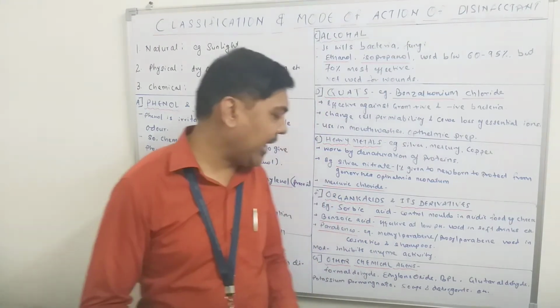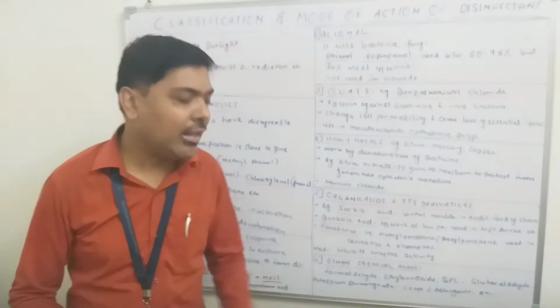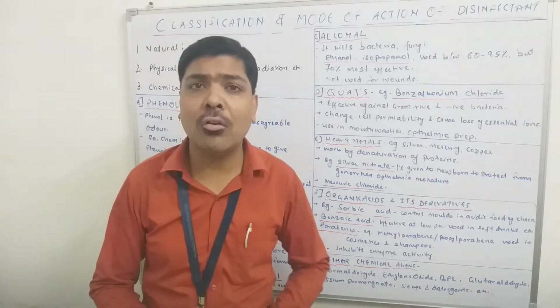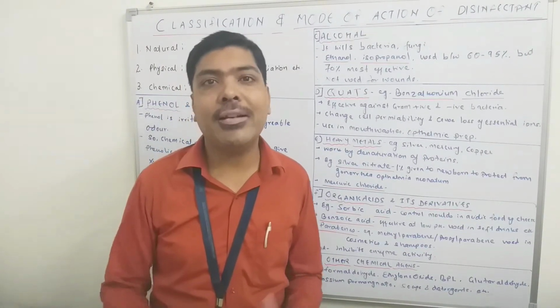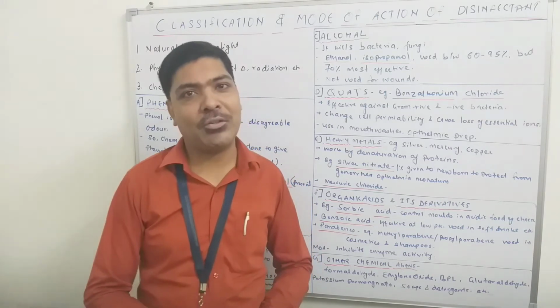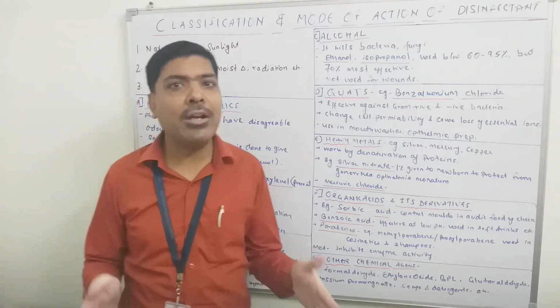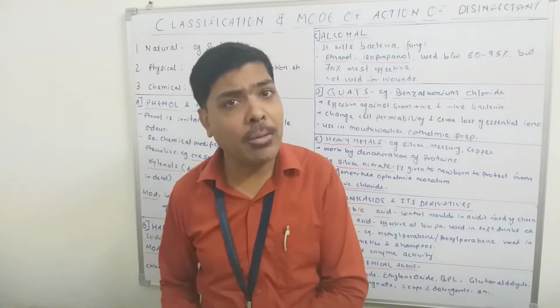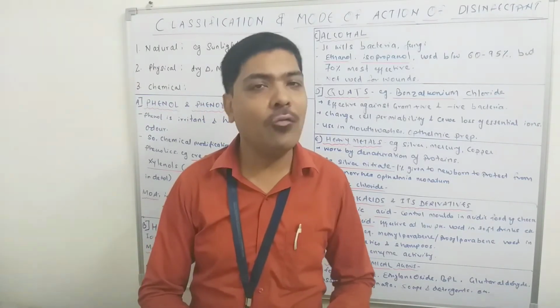Now coming to the last category, which is the miscellaneous category, that generally includes formaldehyde, ethylene oxide and beta-propiolactone. These are different chemical gases which are used for the purpose of disinfection. This part we have already discussed in the process of sterilization, where we talked about various chemical methods of sterilization.